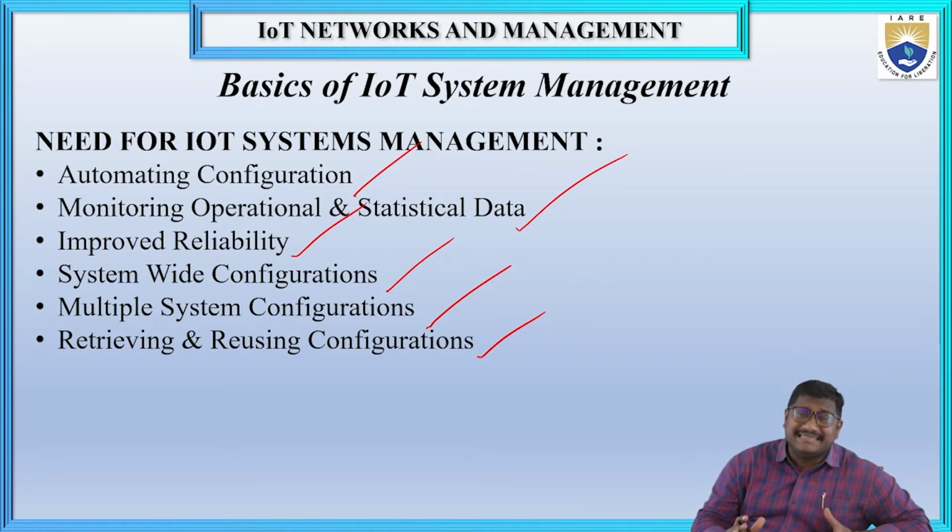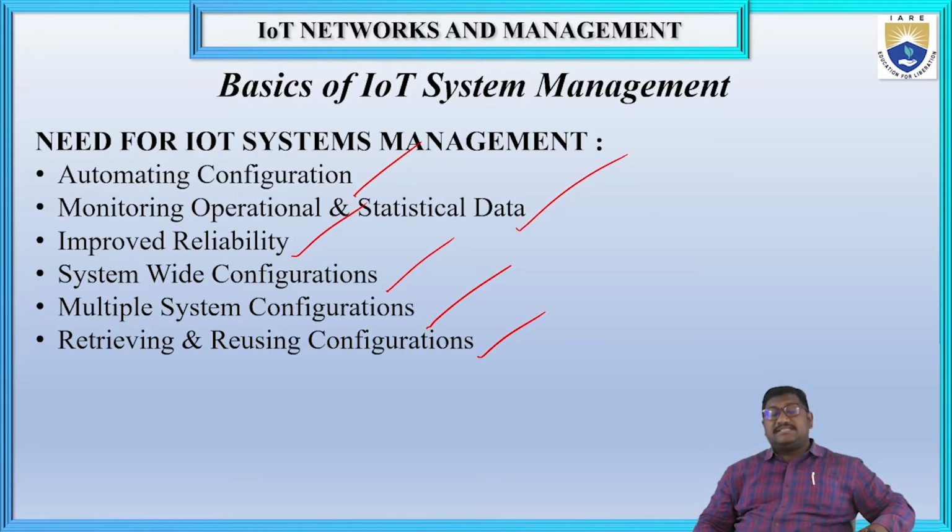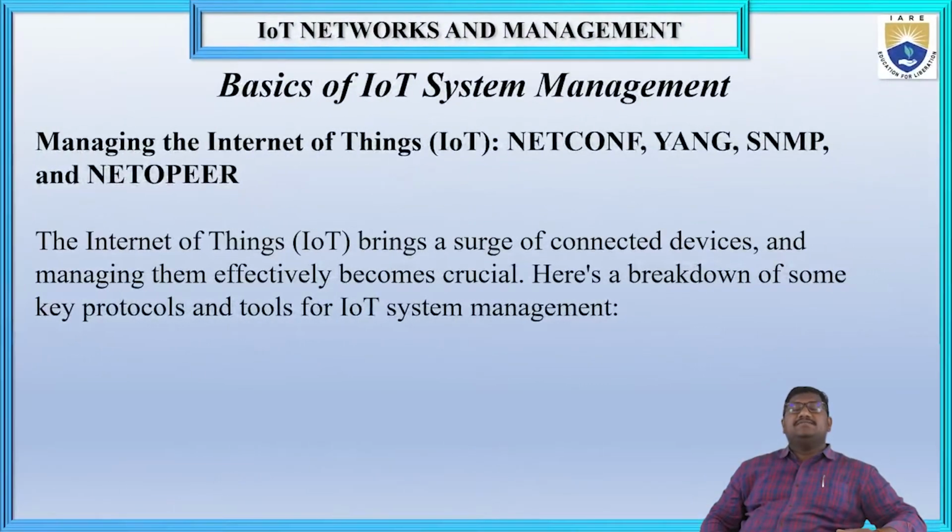These are the basic needs for a particular IoT system management. These are the specific needs which I defined, as well as which are defined authoritatively for the IoT system.